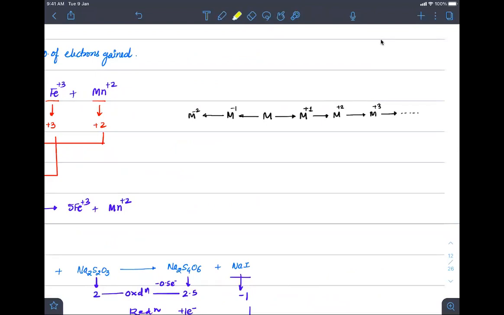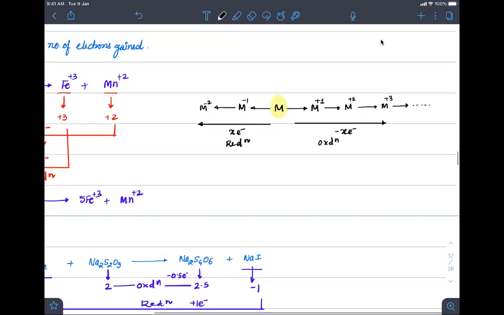From M in this direction, the positive charge is increasing, meaning it is losing electrons. So when electrons are lost, we call it oxidation. On the other side, electrons are gained. So when electrons are gained, we say M is undergoing reduction.